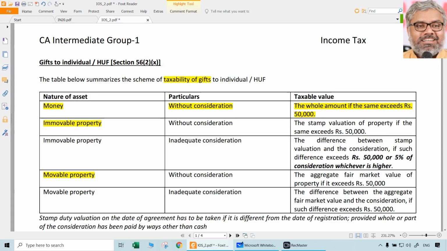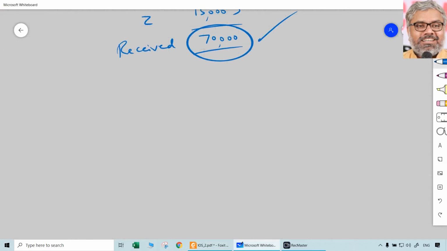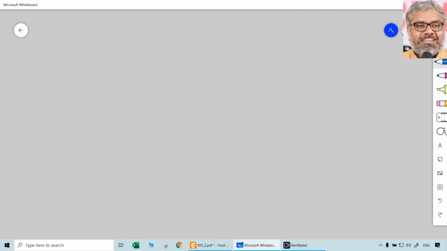Then gifts could be in the form of immovable property also, but immovable property can be given by one person to another without consideration also, or for inadequate consideration. Once again, if a particular assessee receives immovable property, generally it will be land or building.